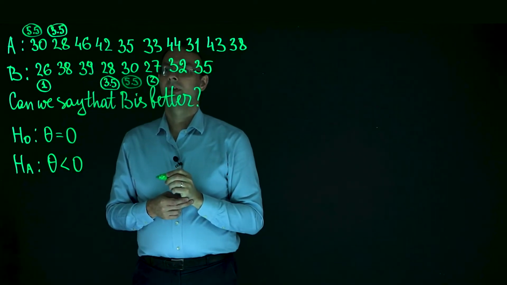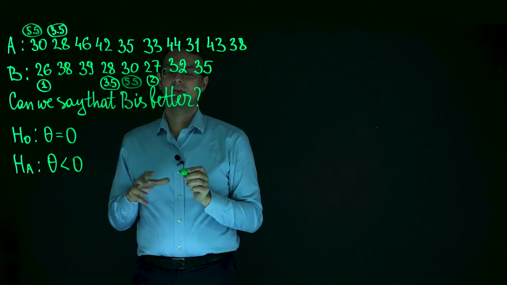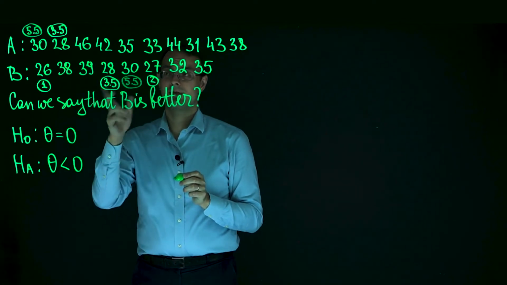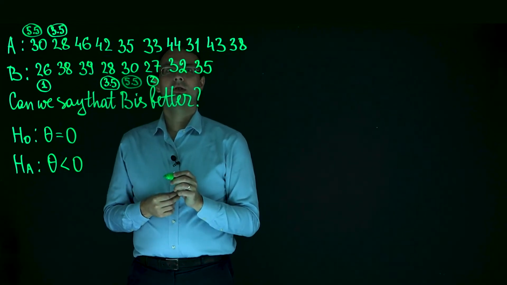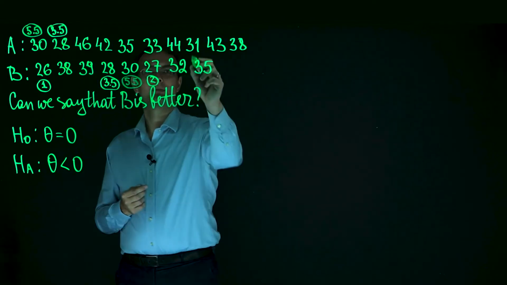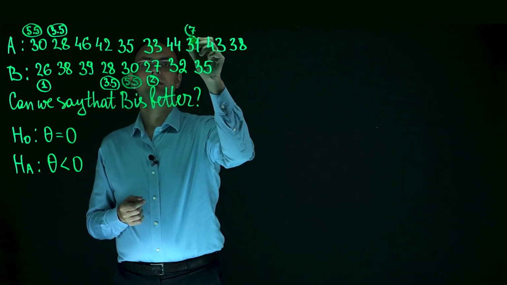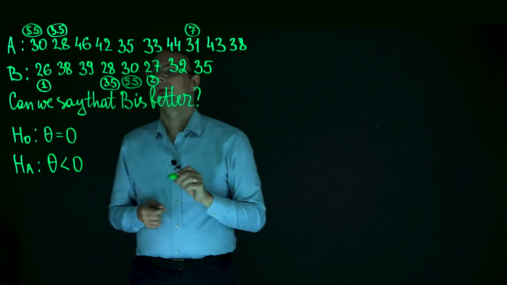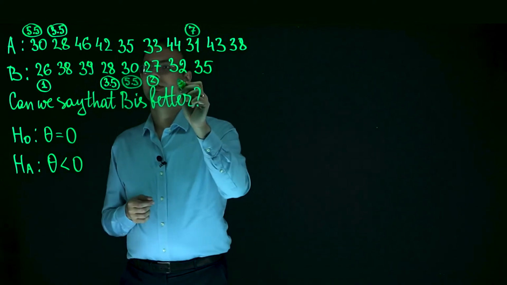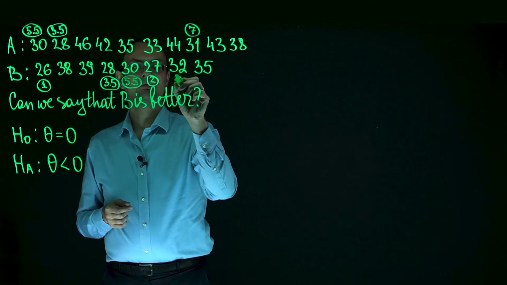Then we go on with the rank 7. As 5 and 6 are absent, we have 31. 31 has rank 7. Then do we have 32? Yes, we have. 32, 8.